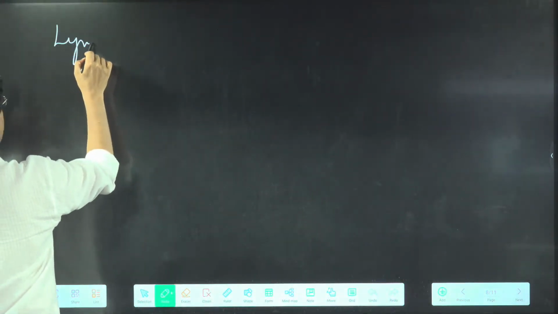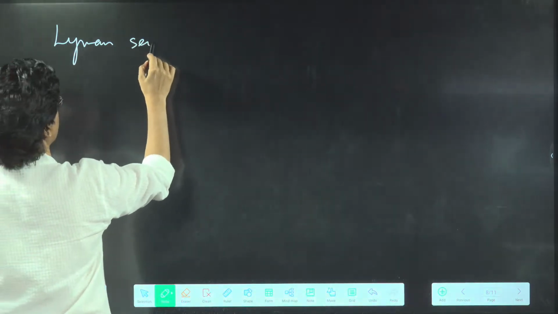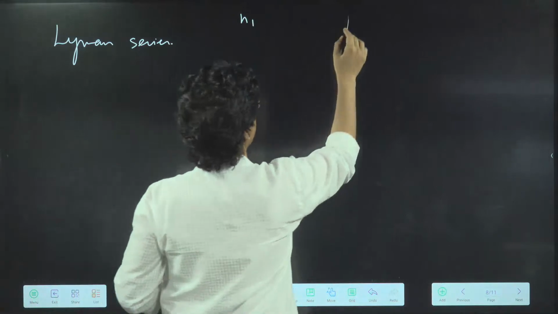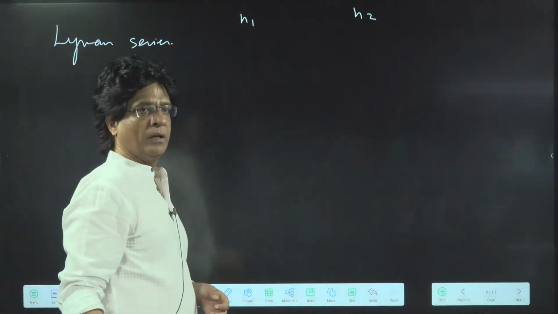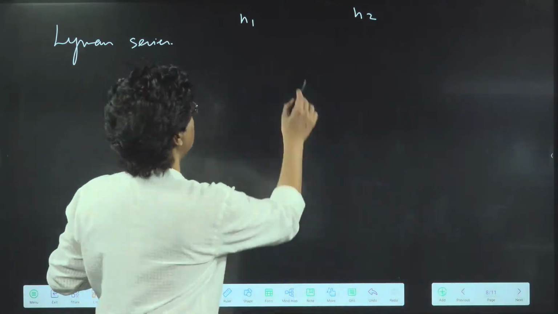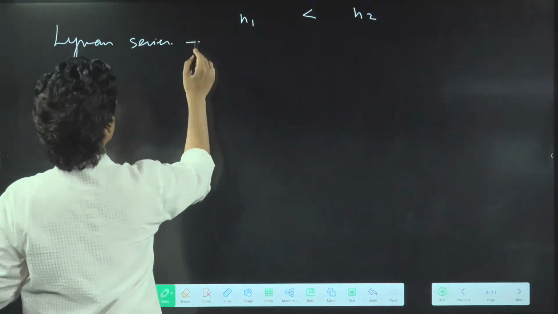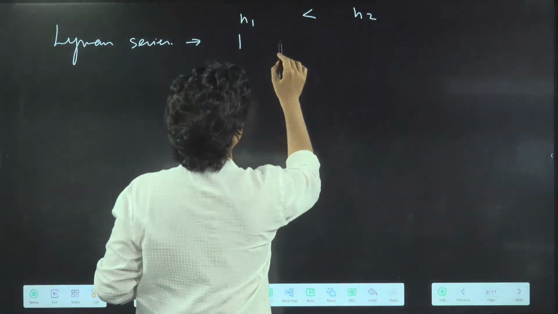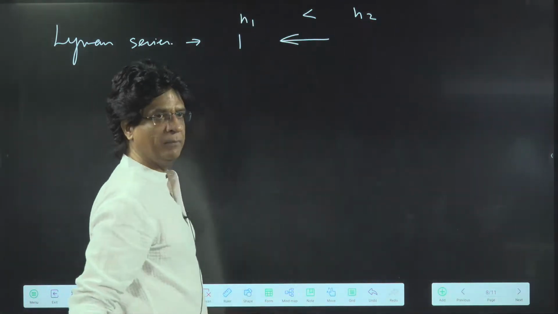Now look. For, say, the Lyman series, n1 and n2. n1 is the lower orbit and n2 is the higher orbit. n2 is more than n1. So for the Lyman series, n1 will be orbit number 1, and the electron has to fall from orbit number n2.